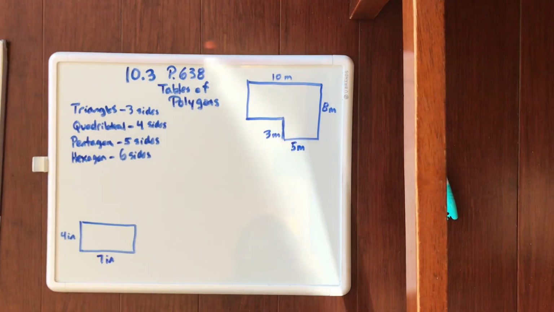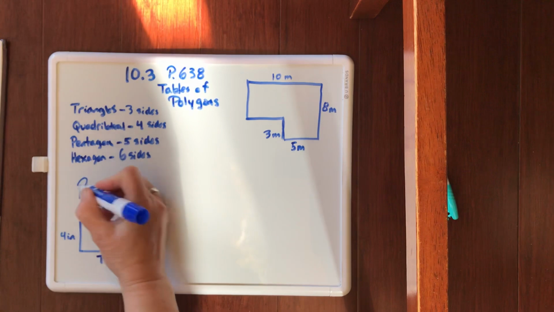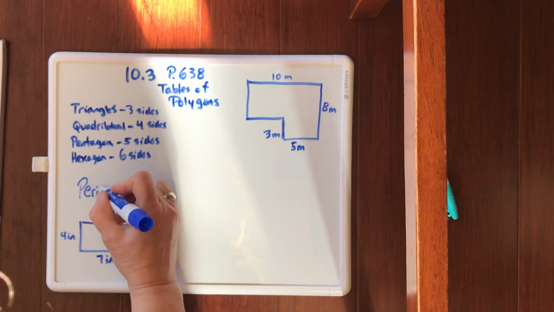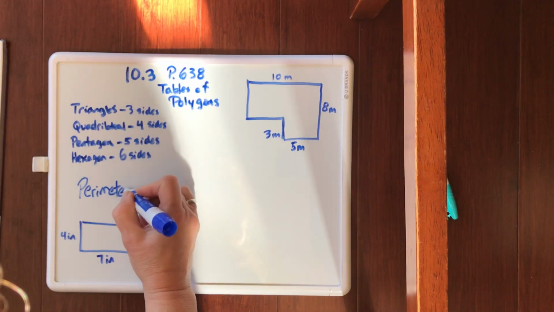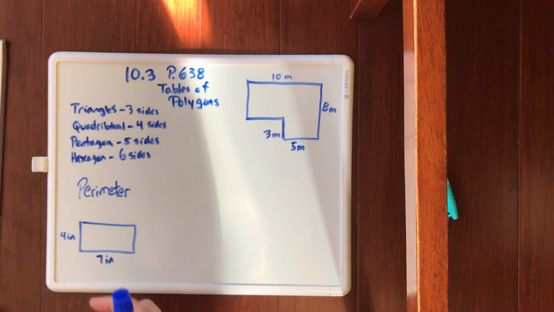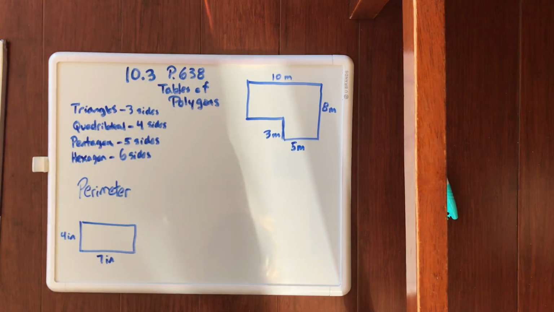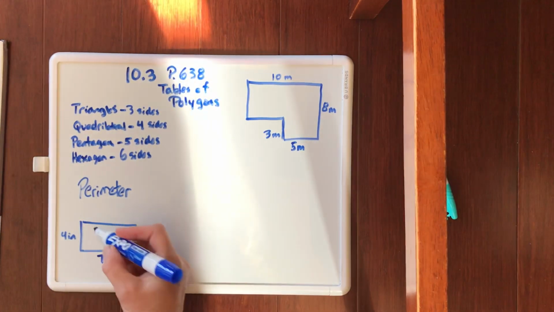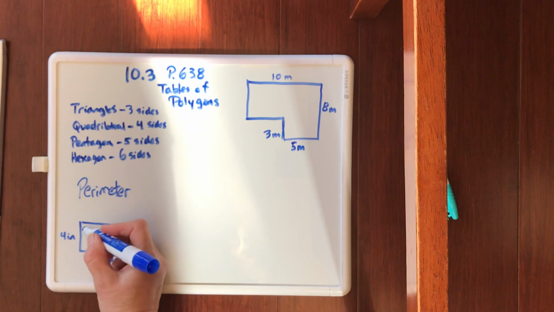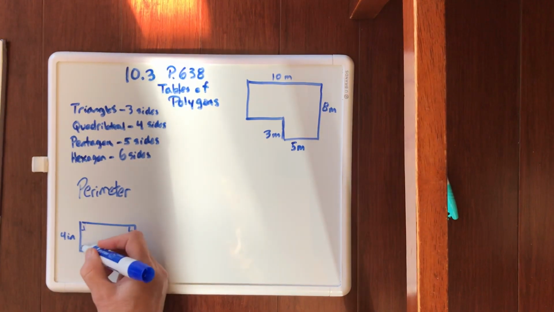Okay, so I'm going to go ahead and write perimeter. Remember, perimeter is the measure of the outside of the shape. So if we were to take a piece of string and measure it and pull it straight out, we would know what that measure is. So if this is a rectangle, and that means this is 90 degrees right here, and that's 90, 90, 90.